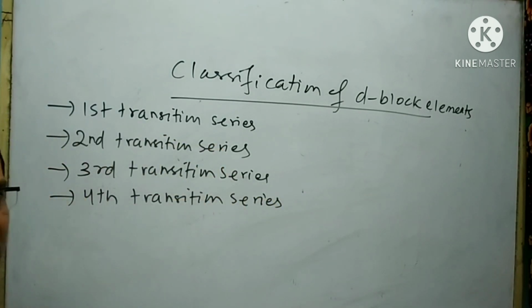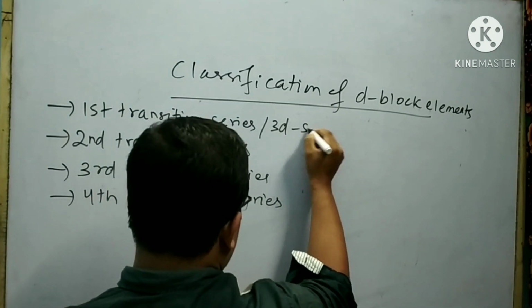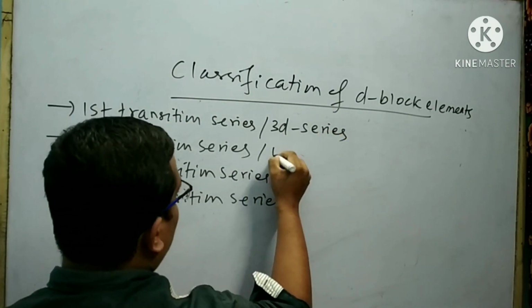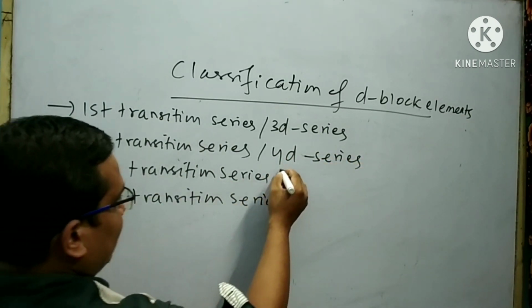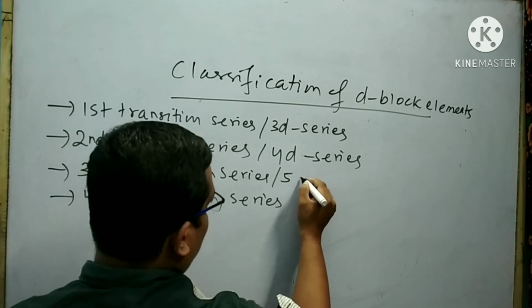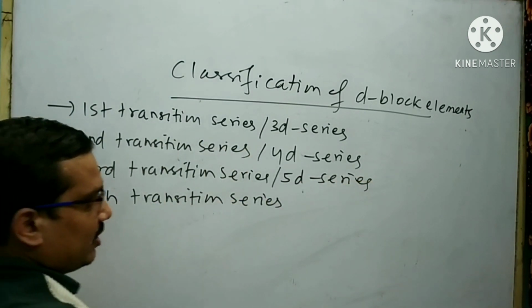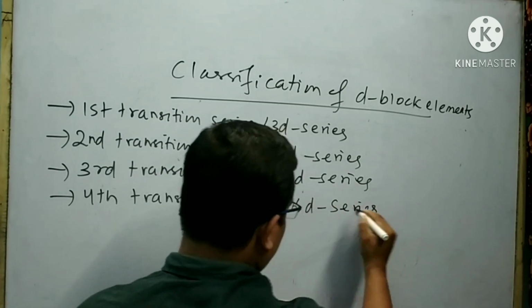The first transition series is also called the 3d series. The second transition series is also called the 4d series. The third is also called the 5d series. The fourth is also called the 6d series.